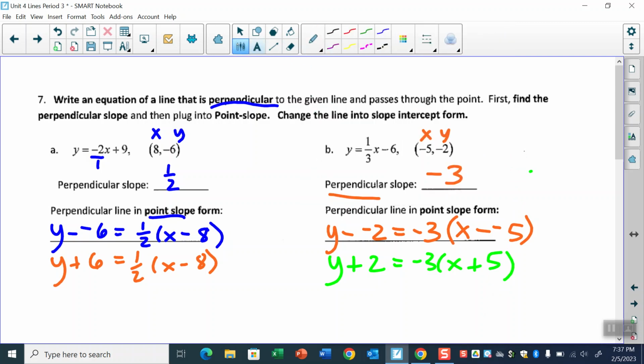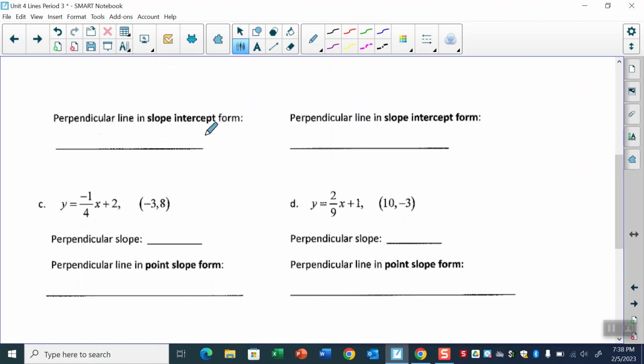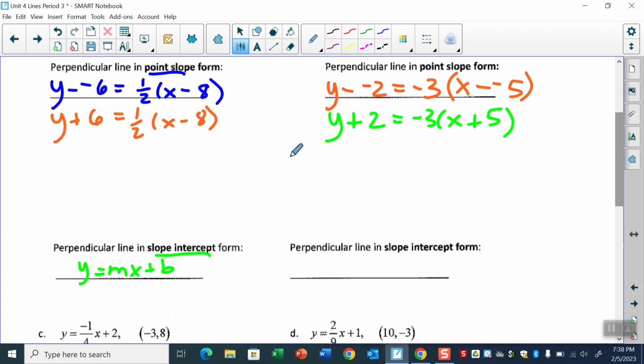Okay. So, very good. And then now I'm going to make that into slope-intercept form, right? Slope-intercept form is my y equals mx plus b. So I've got to get the y by itself. So I'm going to use my distributive property.